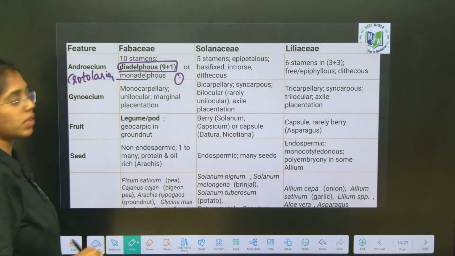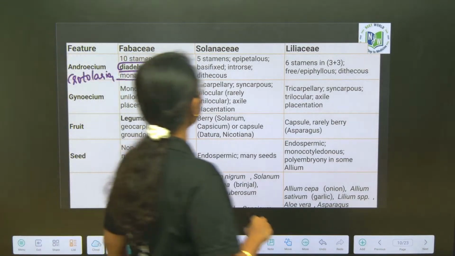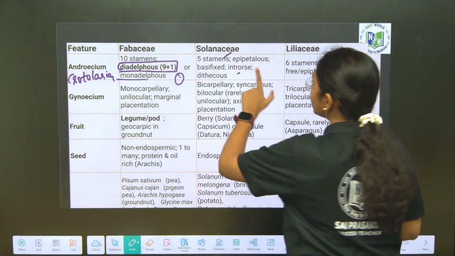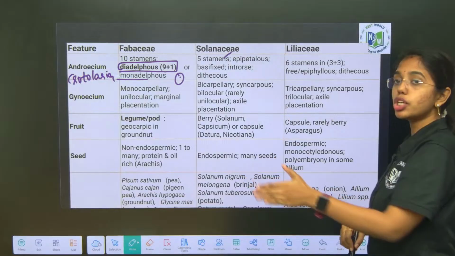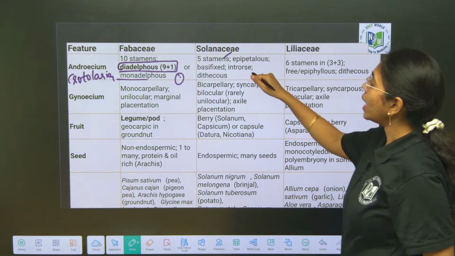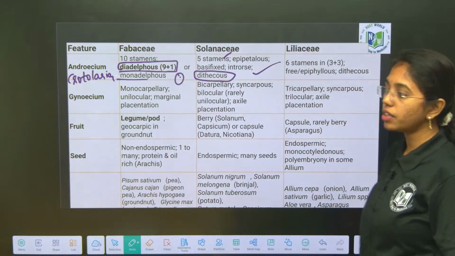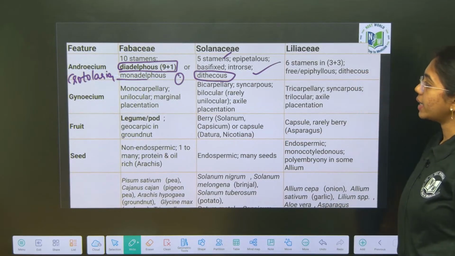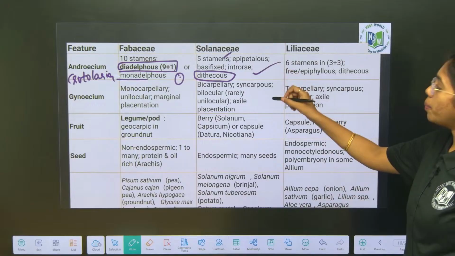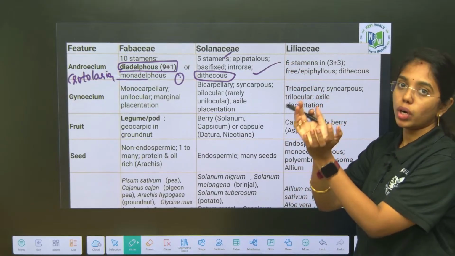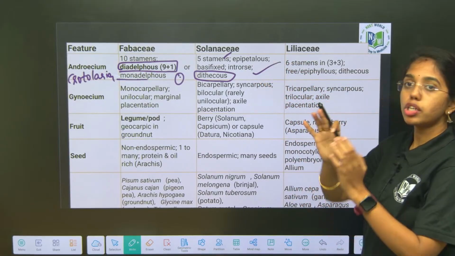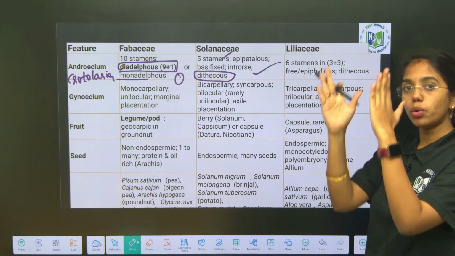Next, Solanaceae members have 5 stamens, epipetalous condition, which is basifixed and introrse. This shows what? Dithecous condition. Basifixed, introrse and dithecous condition. Introrse means the pollen grains will open inwards. Okay. Extrorse means the pollen grains will open outwards.